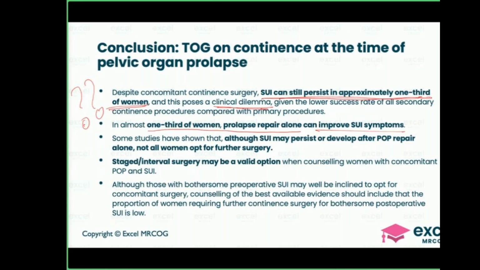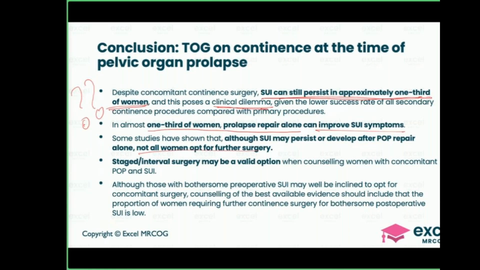Some studies have shown that although SUI may persist or develop after pelvic organ prolapse repair alone, not all women opt for further surgery. What they are saying is that if you have done the surgery for both pelvic organ prolapse and SUI, and the SUI is still persisting, women may not opt for further surgery because it is difficult.